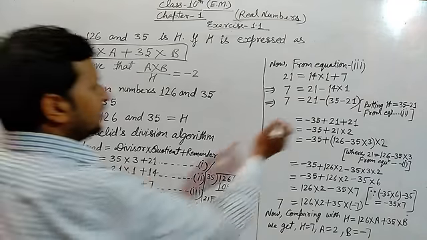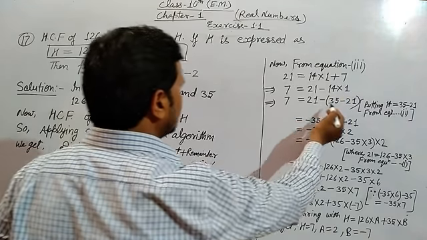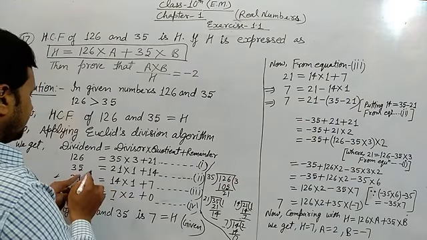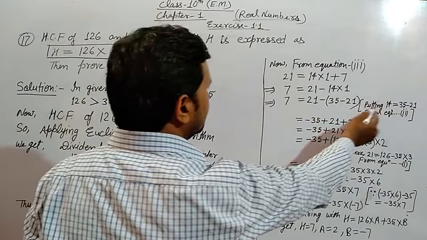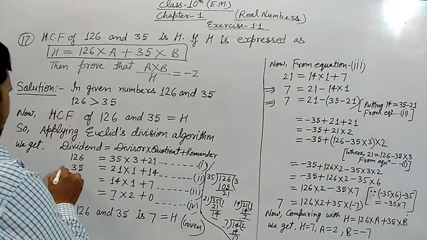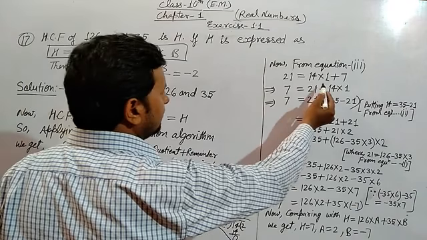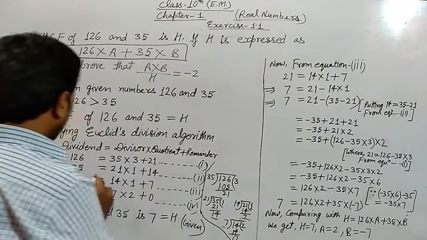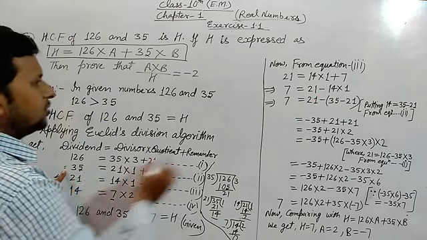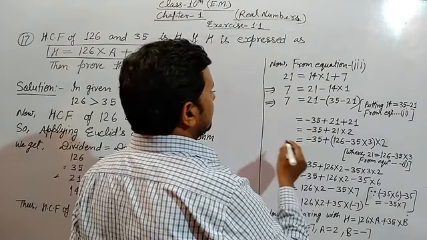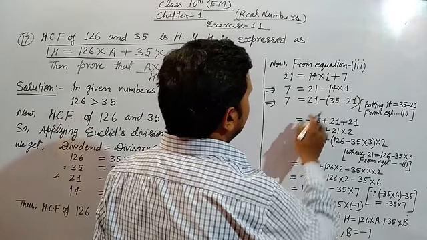So in the place of 14 we can write 35 minus 21 from equation second. From this equation we can put the value of 14 as 35 minus 21. Okay, now again we solve here.